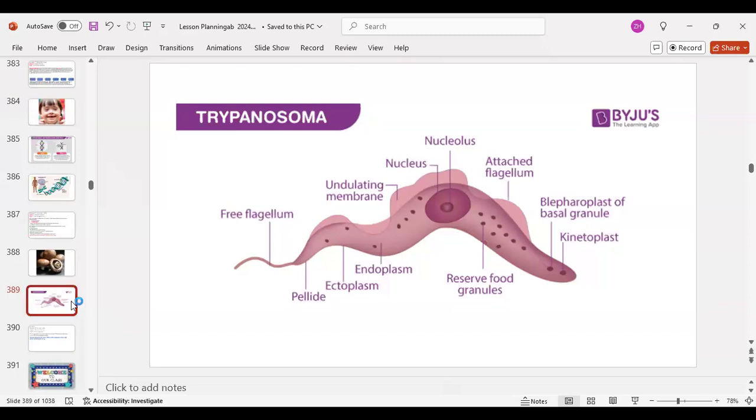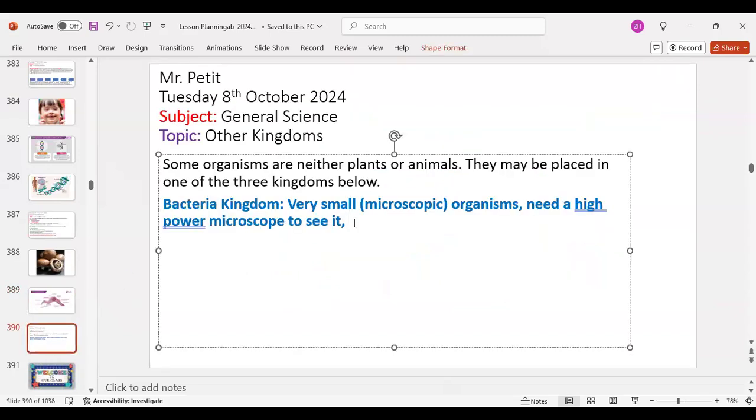You have to zoom in with a high power microscope to be able to see it. A bacteria cell consists of a single cell with a wall. It doesn't have a proper nucleus.